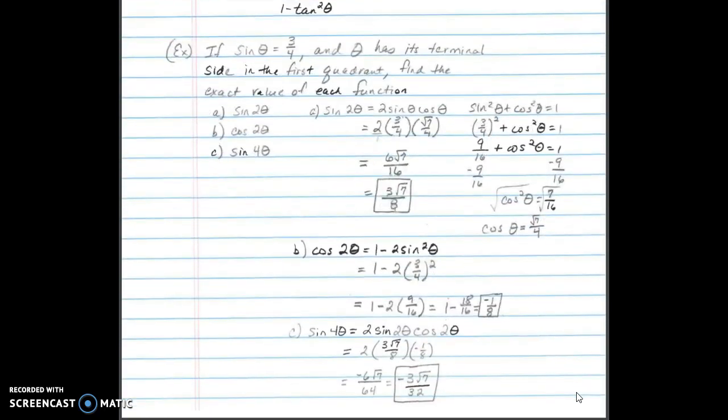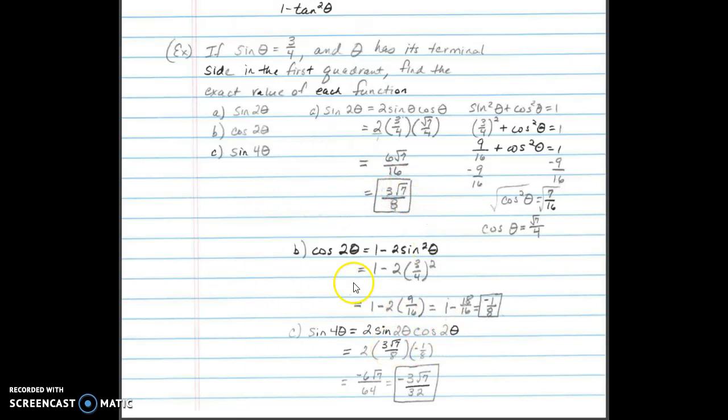So what you'll find is we'll take our answers that we got in A and B for the sine of 2 theta and the cosine of 2 theta and plug those values in here, take it times 2, and then reduce as we can. So remember, sine of 2 theta we found up here, so you don't have to do the work over. You can just use this answer. Plug it in there.